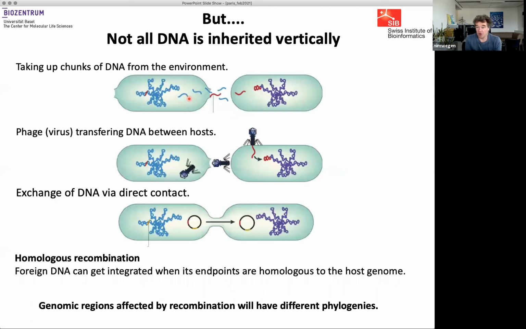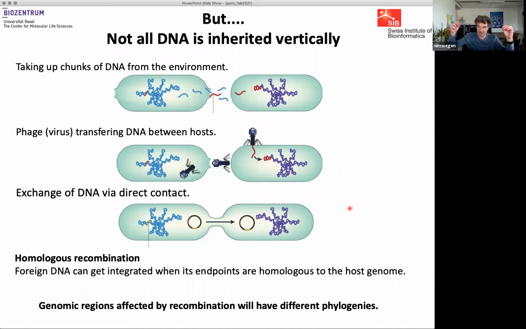However, as has been known for a very long time, and most of you probably also know, bacteria are able to also acquire DNA horizontally. They can take up chunks of DNA from their environment. A virus may package DNA from a host and transfer it into another cell, or you may even have exchange of DNA via direct contact between cells.